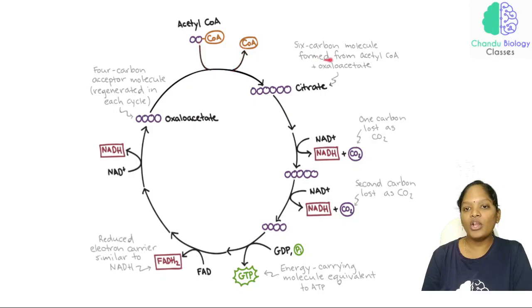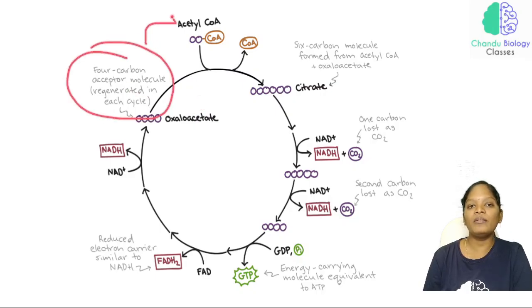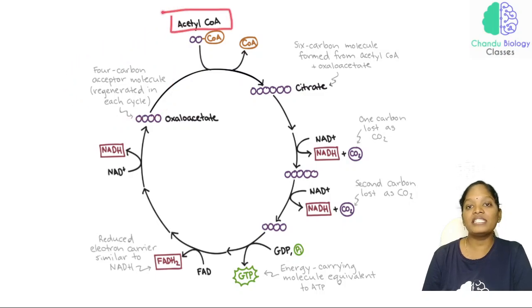A 6 carbon molecule is formed from the acetyl CoA plus the oxaloacetic acid. See here, 1, 2, 3, 4. This is the 4 carbon molecule, which is nothing but oxaloacetate. This 4 carbon compound is combined with a 2 carbon compound, that is an acetyl CoA.